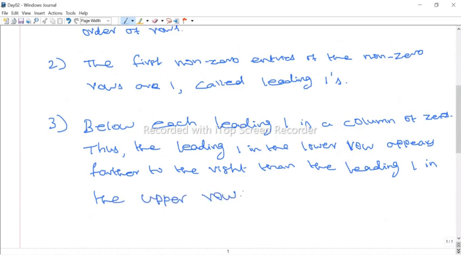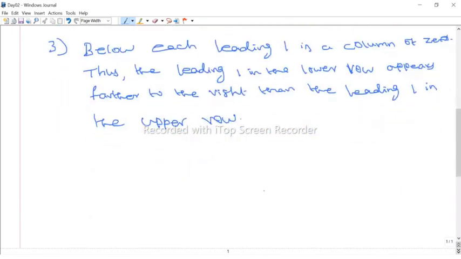That means, suppose we have a matrix with some rows: first row, second row, third row, and so on. You scan the first row to find the first non-zero entry, and that entry should be 1. Suppose you get 1 in the third position.